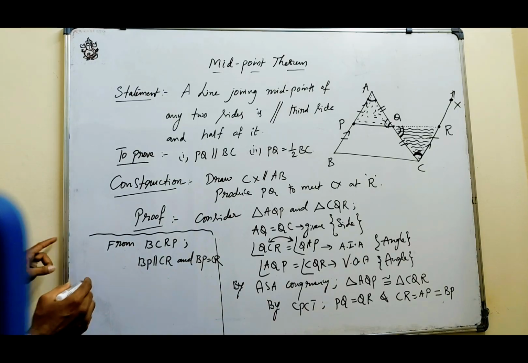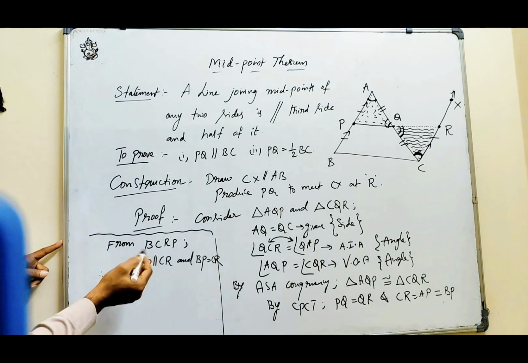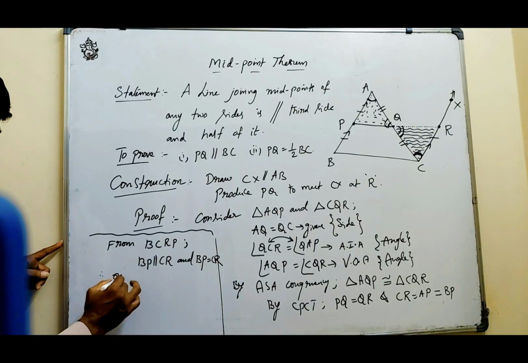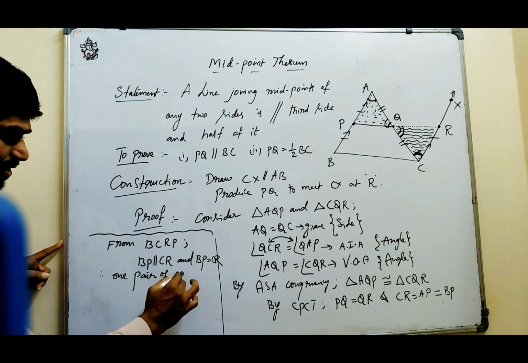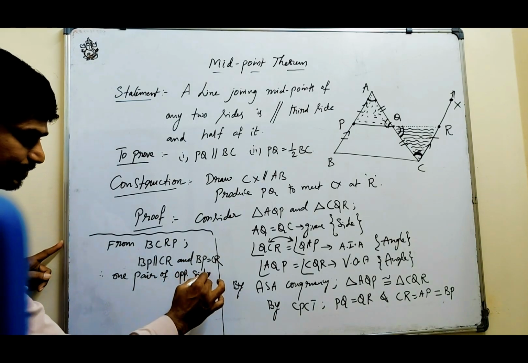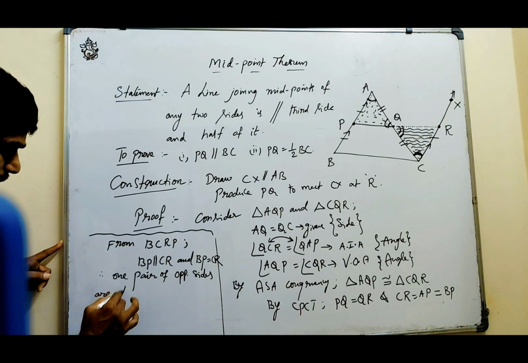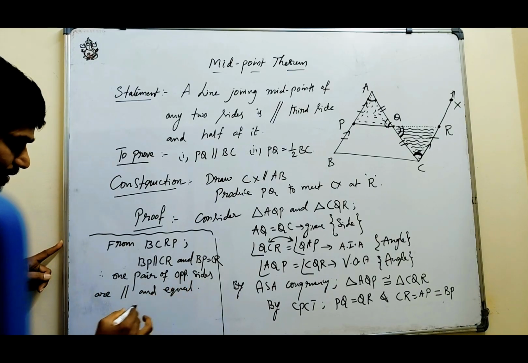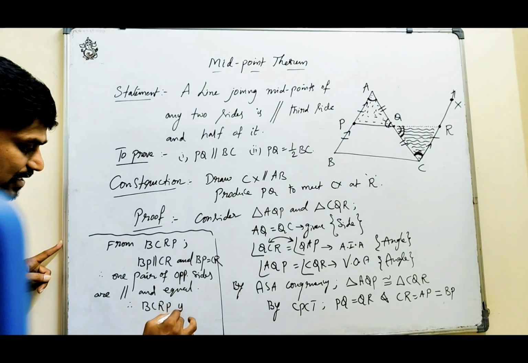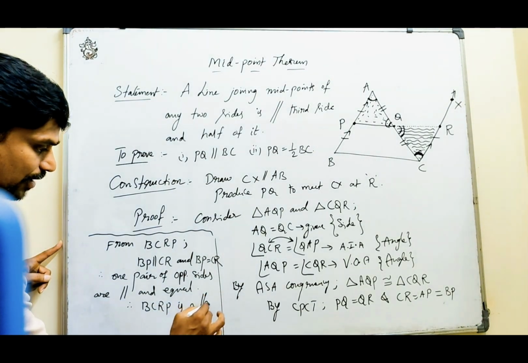So therefore, one pair of opposite sides are parallel and equal. Therefore, BCRP is a parallelogram, correct?